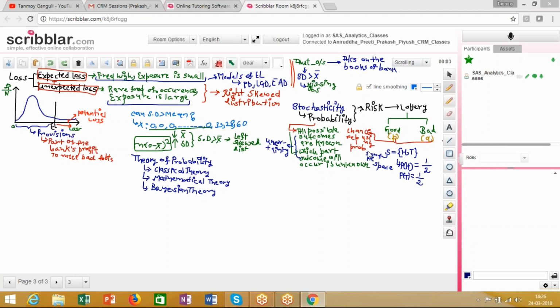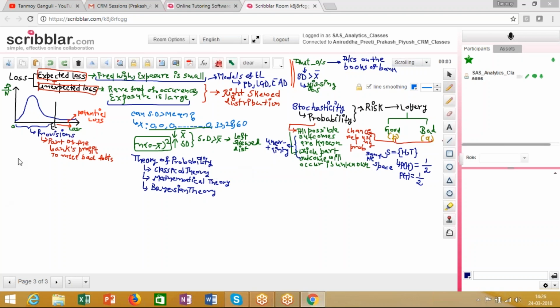Hence, it is from this perspective that we need to talk about the theorization of probability. And we start off with the very basic theory of probability, which is called the classical theory of probability, right?